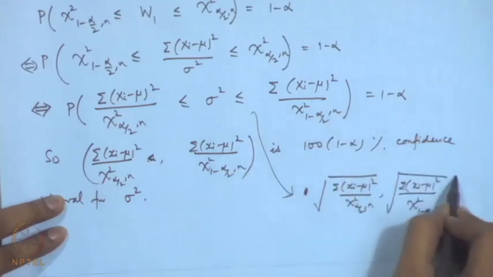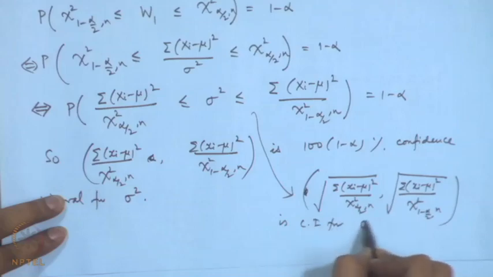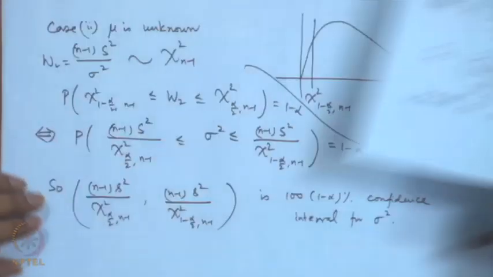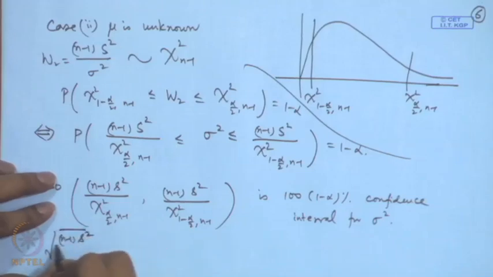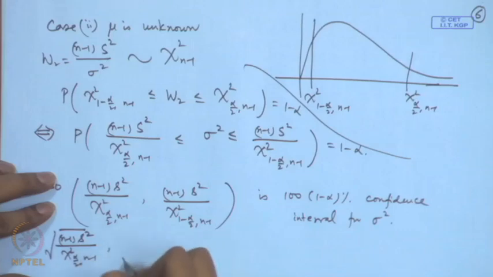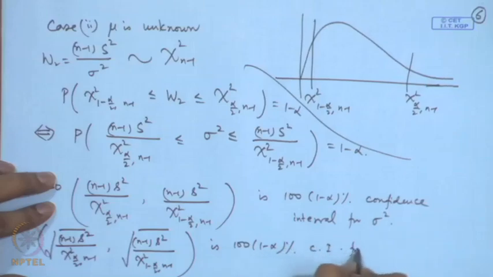So, this is then the confidence interval for sigma. In a similar way, here if I take the square root, I will get root (n minus 1) s square by chi square alpha by 2 n minus 1 to root (n minus 1) s square by chi square 1 minus alpha by 2 n minus 1. So, this will be again a 100(1 minus alpha)% confidence interval for sigma.